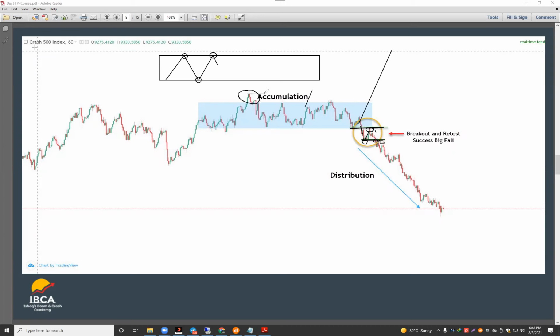In the ascending triangle and descending triangle, the difference you just need to understand here. If the upper level is flat, it is ascending. If the lower level is flat, it is a descending.